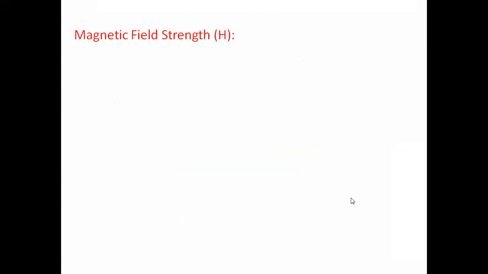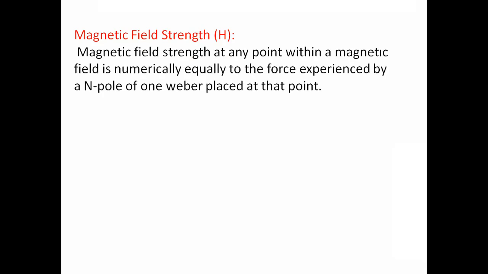Okay, so we have some terminology related to magnetic field strength, magnetic flux density, magnetic flux, like that. The first one is magnetic field strength. How can we find the magnetic field strength of a pole? Magnetic field strength at any point within a magnetic field is numerically equal to the force experienced by a north pole of 1 Weber placed at that point.